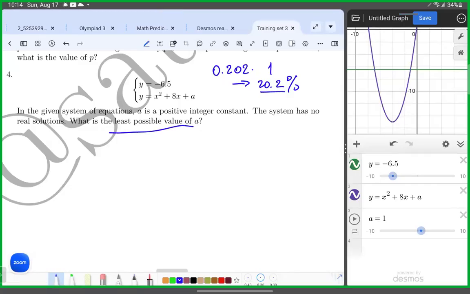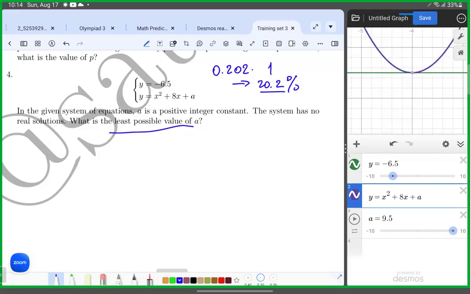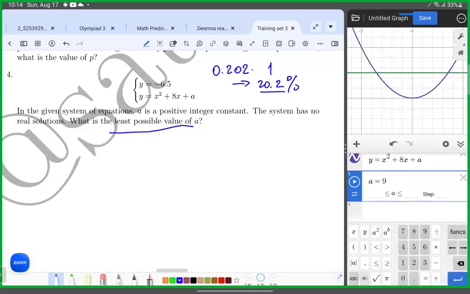You can see now two intersection points. That's why I can make it bigger until I reach the no solution part. Now I guess here it is one solution. So when it's 10, it is no solution, no intersection points. When it's 9, two solutions.